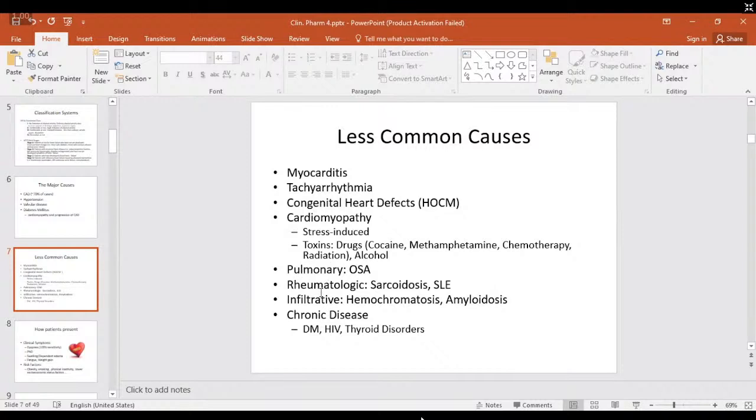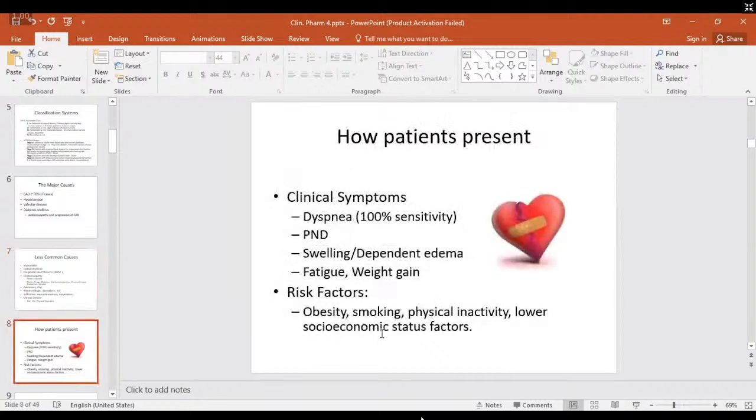Pulmonary causes, rheumatologic causes, infiltrative causes are less common causes of heart failure, and also thyroid disorders. It's always a good idea to check for thyroid function in such patients with symptoms of heart failure, especially if they have some sort of an arrhythmia, like atrial fibrillation.